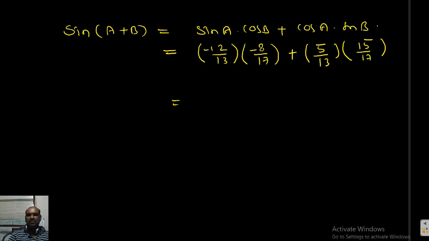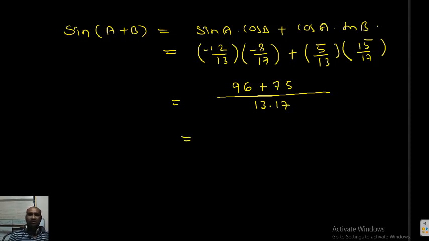Okay, students. The LCM is 13 into 17. Minus minus plus, 8 2s are 16, 96. Plus 5 5s are 25, 75.